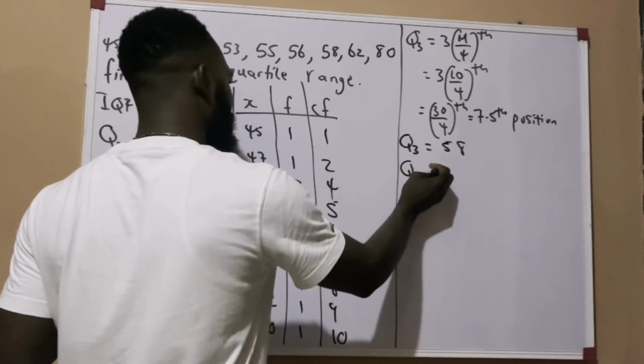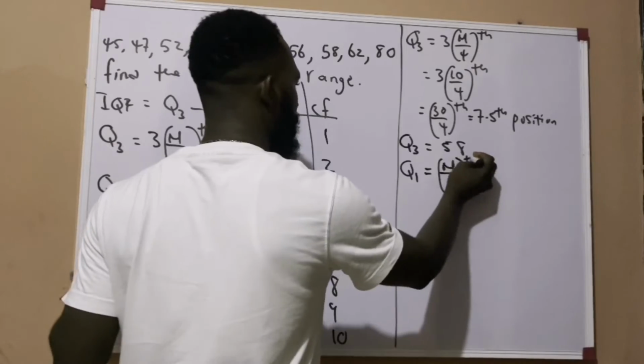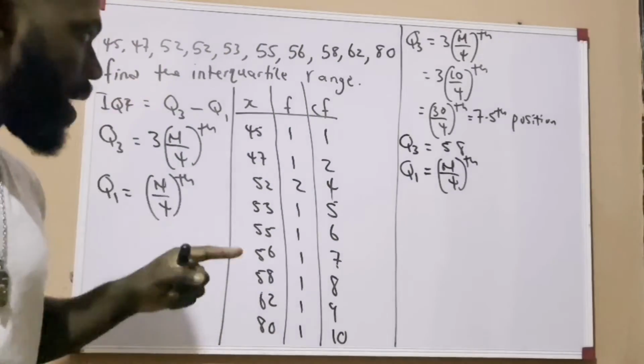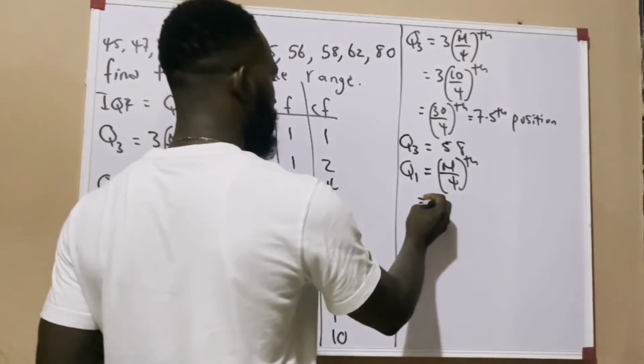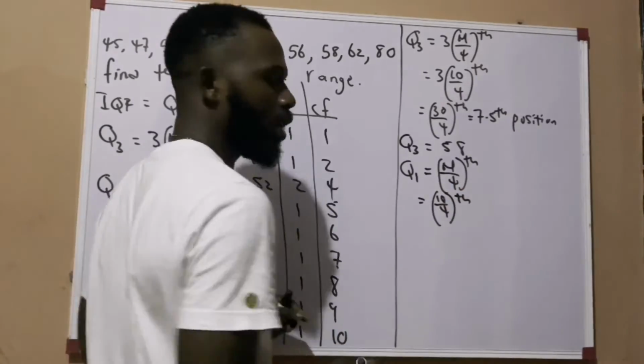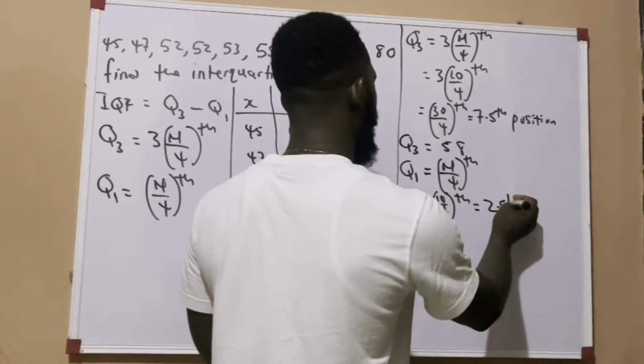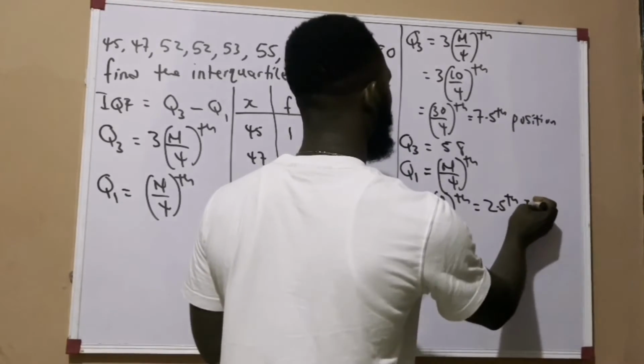Alright, let's go to Q1. The formula for Q1 says just n over 4 raised to the power of th. Now n is 10, so it becomes 10 over 4, and 10 divided by 4 gives us 2.5, which is the 2.5th position.